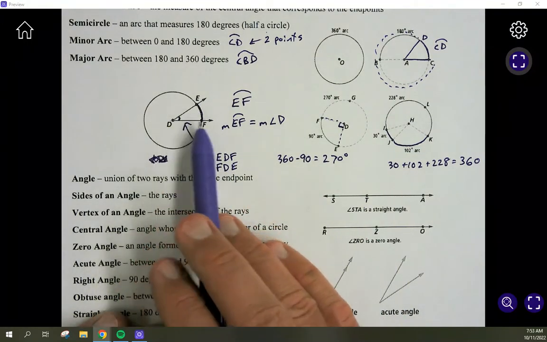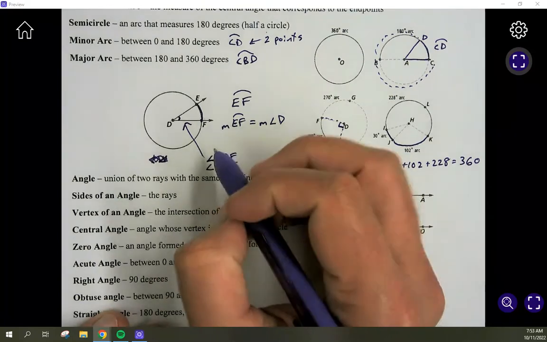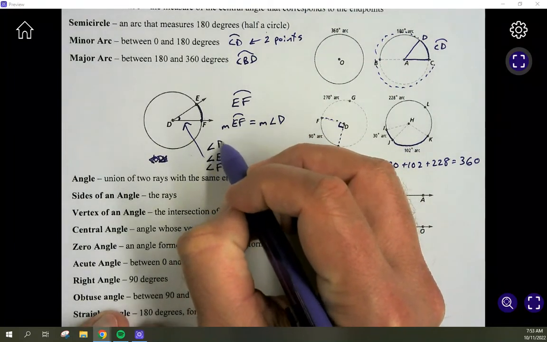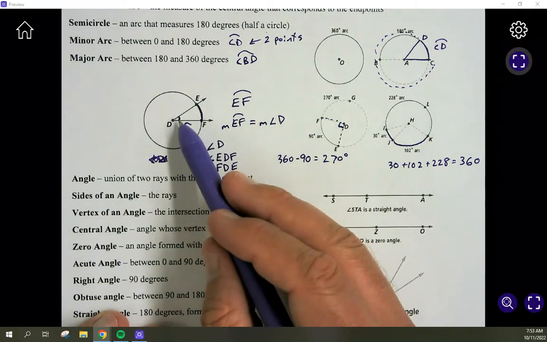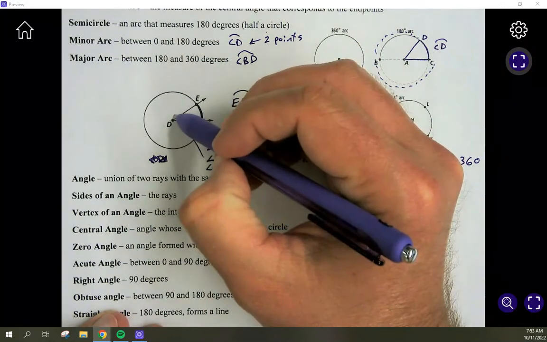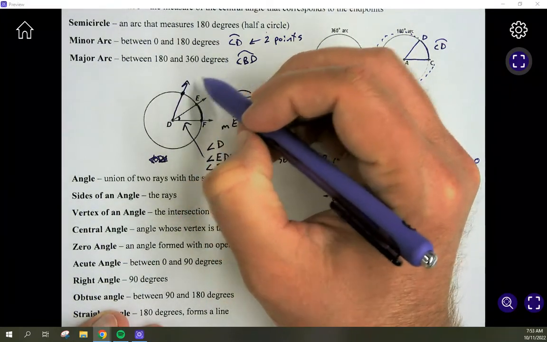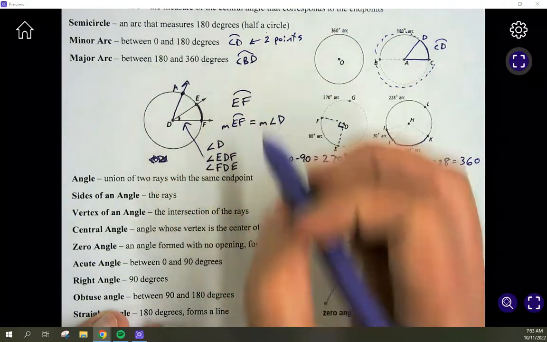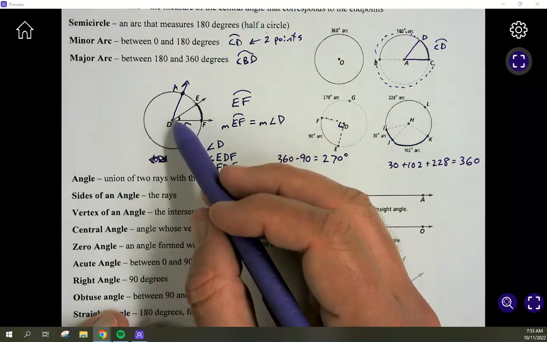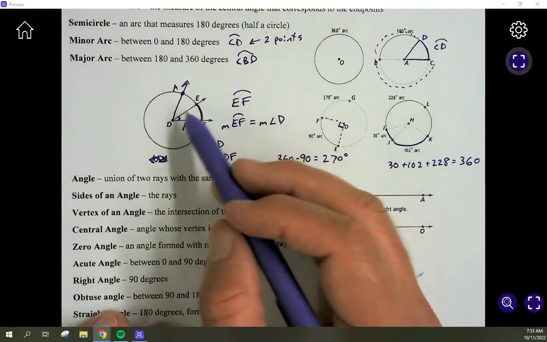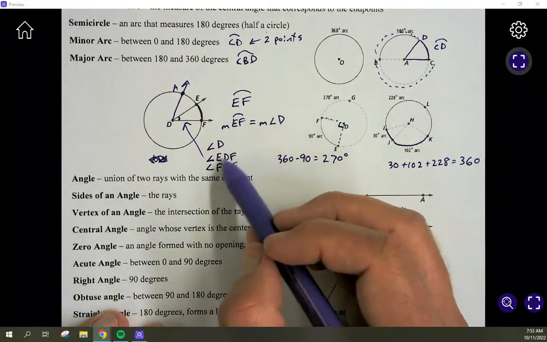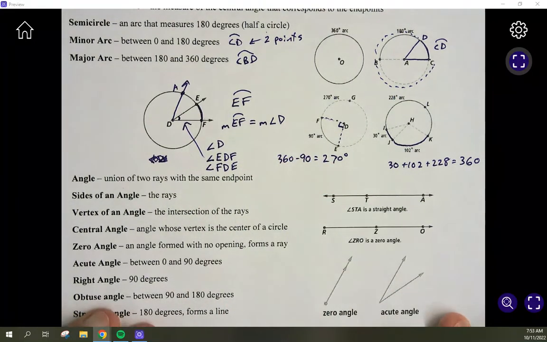Now, in an uncomplicated picture like this, I can also just name it by its vertex, like I did up here. I can just call this angle D. But if I all of a sudden have more angles that are coming out from here, let's just call this A. If I say angle D now, you don't really know which one I'm talking about. And so now I need to be more specific and use 3 letters to name it.